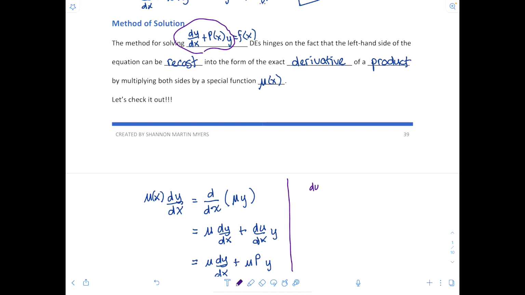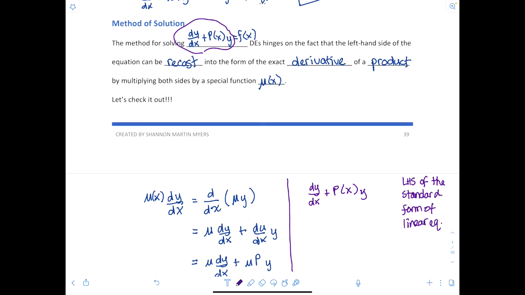So this one has dy/dx plus p of x times y. Groovy? So that's the left-hand side of the standard form of the linear equation.